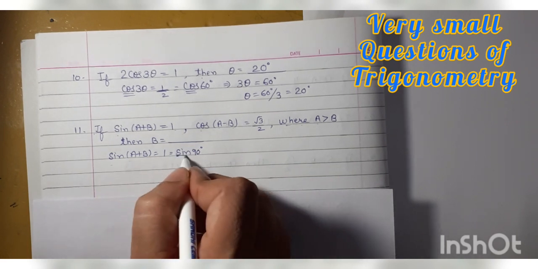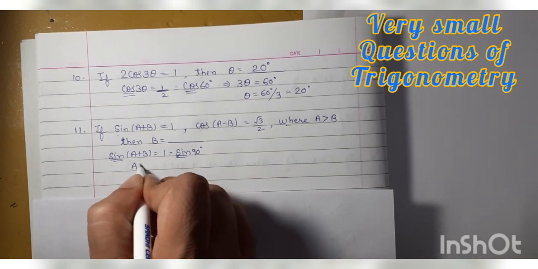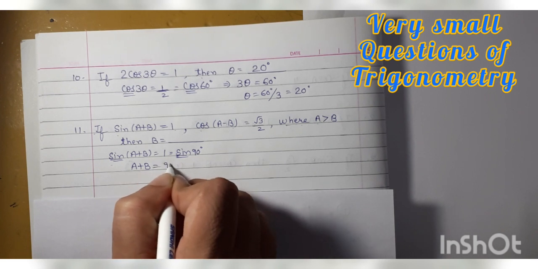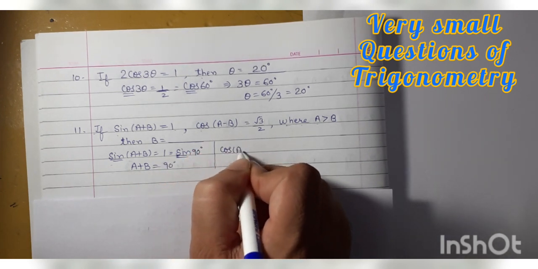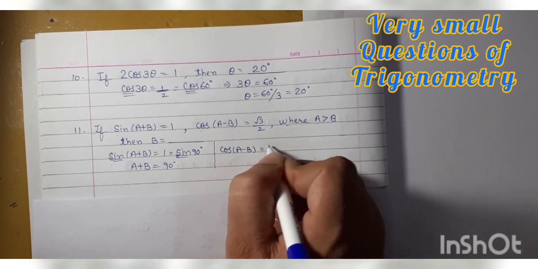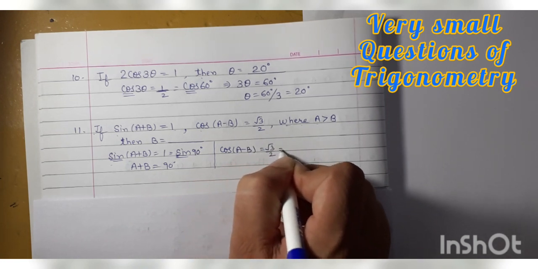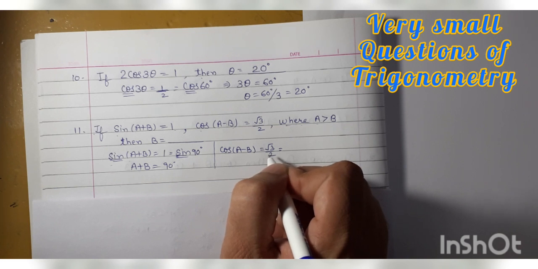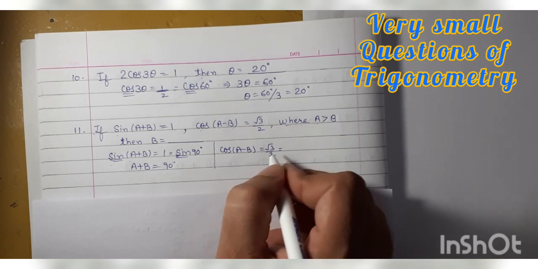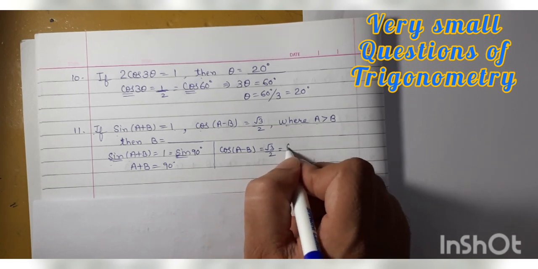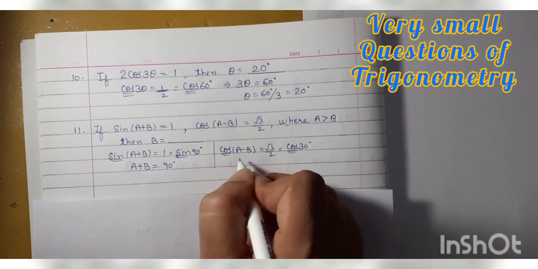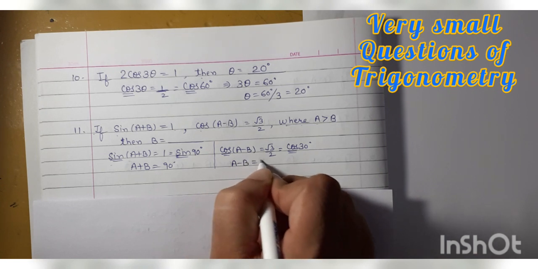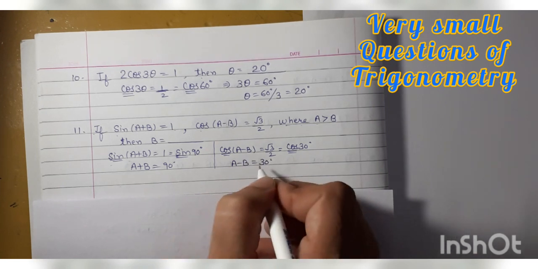Okay, when you eliminate the sin, you will get a plus b is equal to 90 degree. And here cos(a minus b) is equal to root 3 upon 2. Just check root 3 upon 2 in the cosine table. This will be your cos 30 degree. And eliminate this, you will get a minus b is equal to 30 degree.